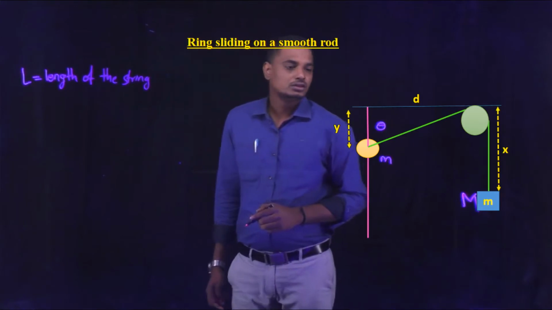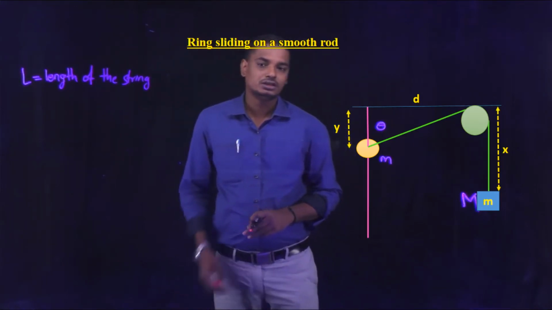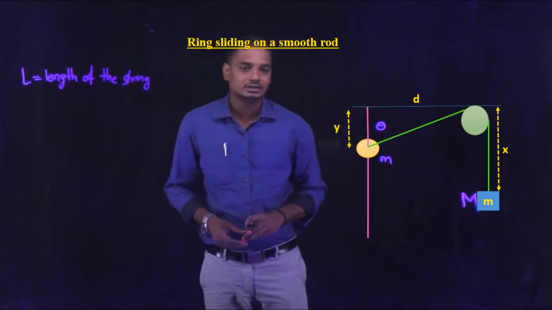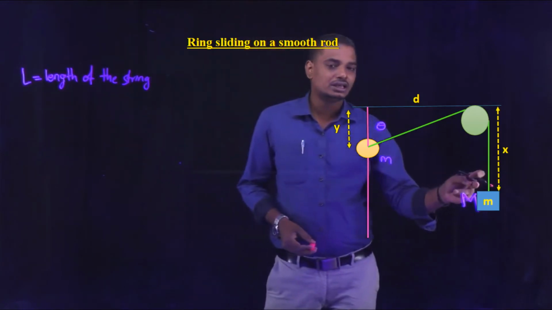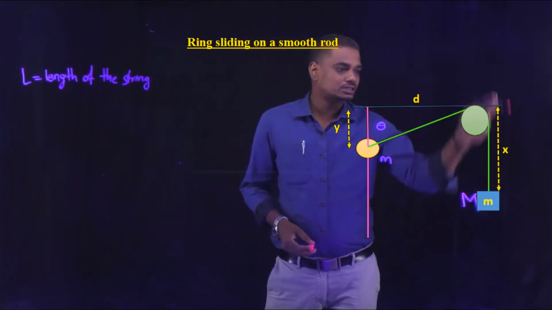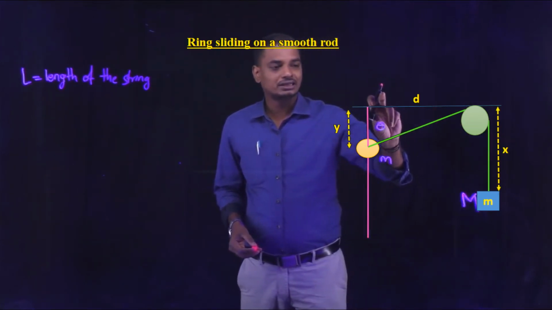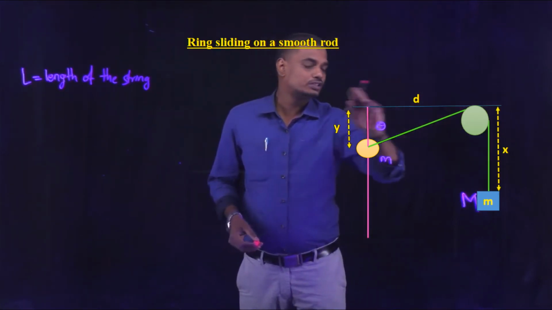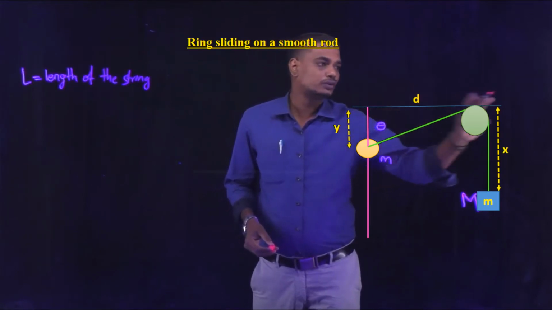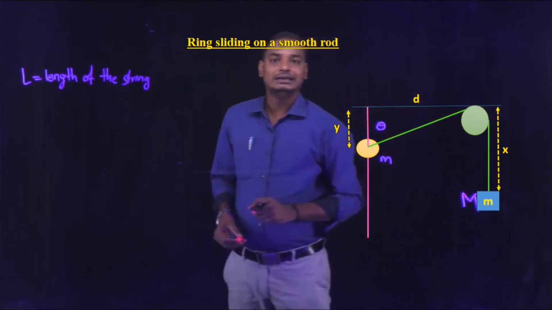Here you can observe how the length of the string can be calculated. x is the distance from the pulley to the block, and the ring is at a distance y from the fixed rigid support, whose distance from the support to the pulley is d.